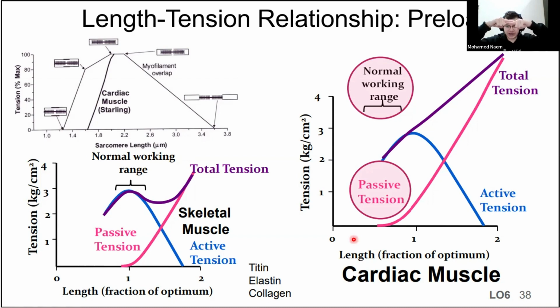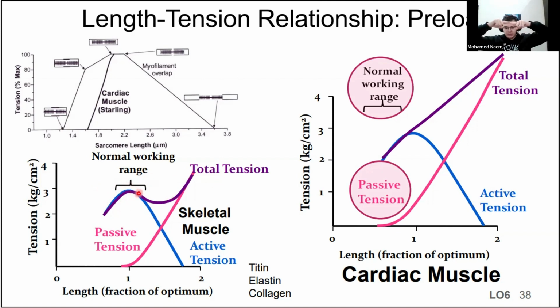Here, the contraction is not as strong when the muscle is shorter. Look, the muscle length here is shorter than the perfect working range, so the muscle does not produce as much contraction. When you stretch to the perfect point, it produces the strongest contraction, which is the highest active tension.